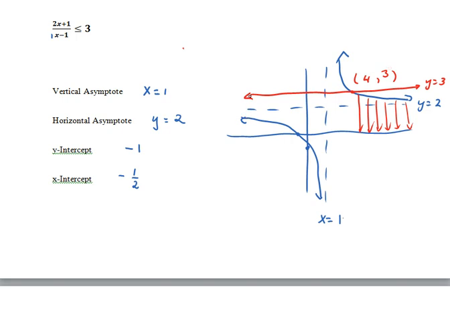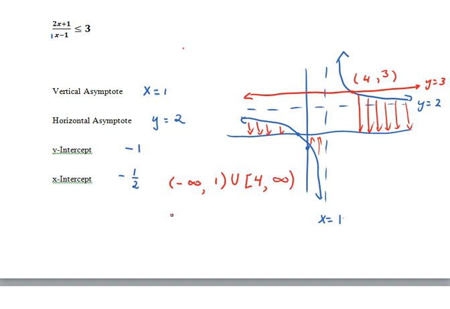And then we have all of the values less than x equals 1 as well. So we're going to have the interval from negative infinity up to 1, not including 1 because the function is undefined there, union, and it's less than or equal to 3 that we're looking for, so we can include x equals 4, and then from there we go to infinity.